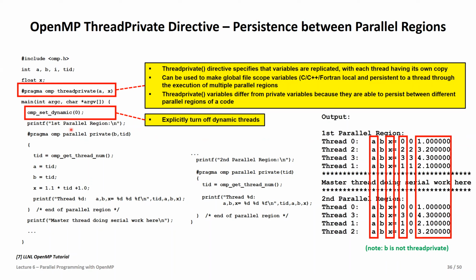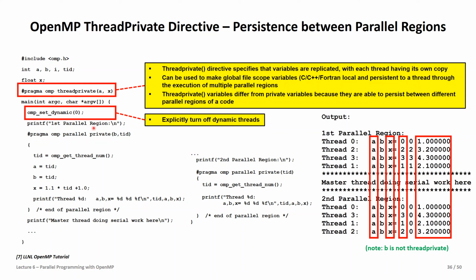And the source code is essentially here. And what you do is you essentially say that you have a threadprivate variable here, which means A and X are specified. That means a threadprivate variable could live beyond these parallel regions, right? It's called persistence.